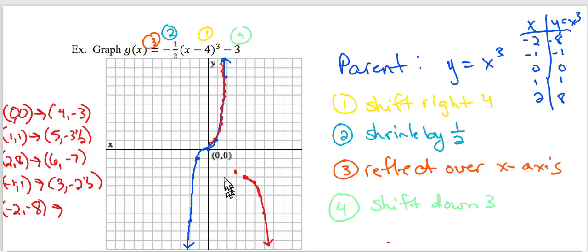Reflect over the axis takes it up to +4 instead of -4. And shift down 3, end up here. So erase these intermediate points. So that point is 2, 1.